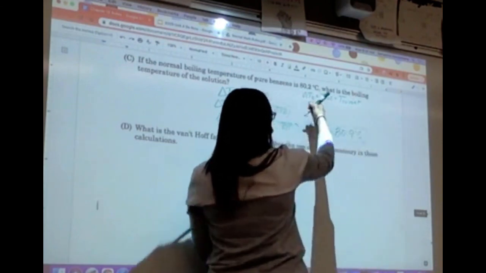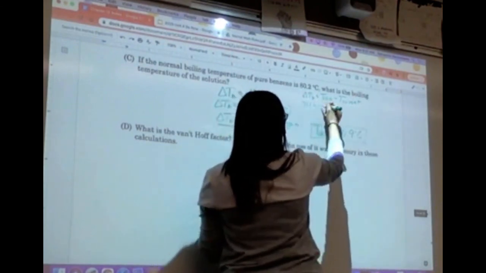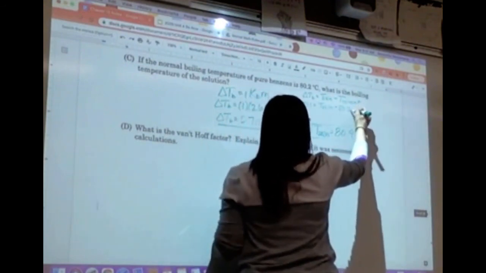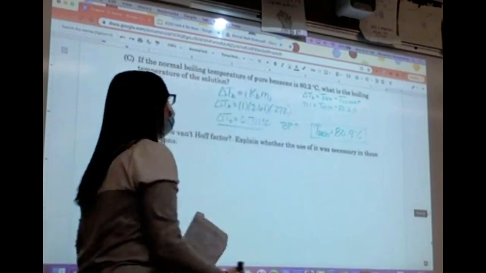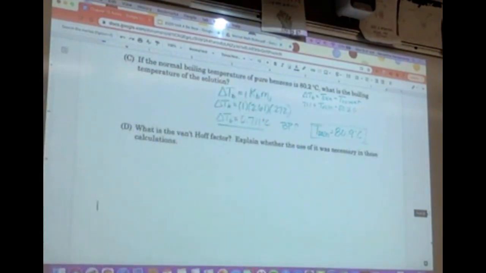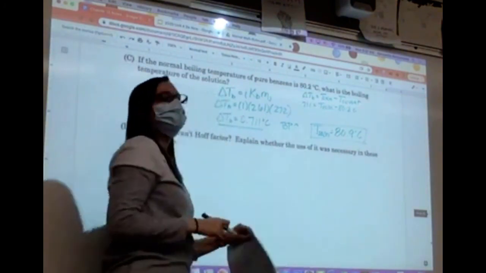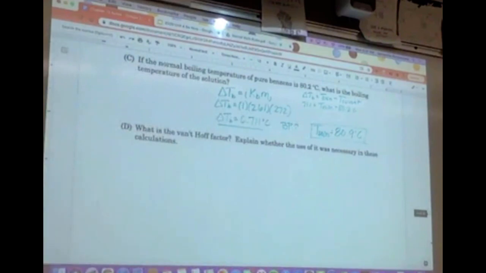And you can also plug it in up here, right? 0.711 equals T of solution minus 80.2. You add it over, 80.9 degrees Celsius. Or we can just remember boiling point should go up. Boiling point should increase.